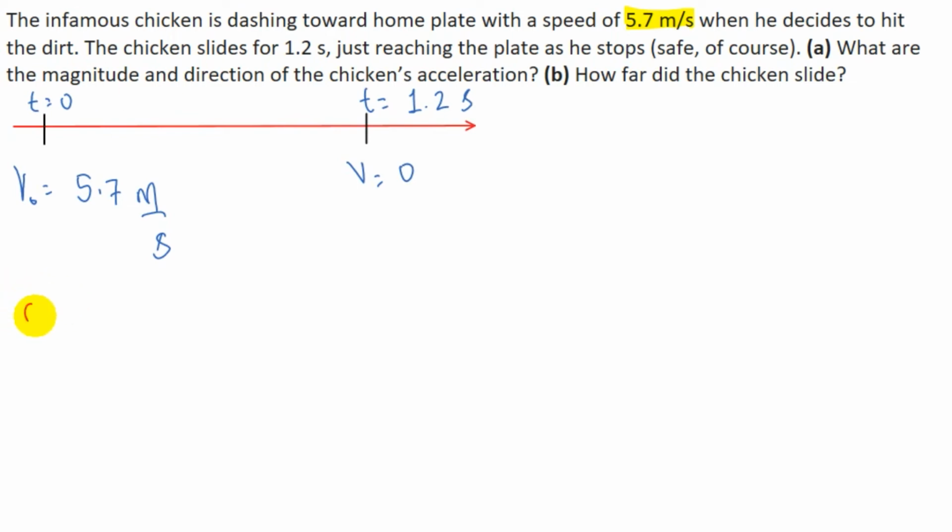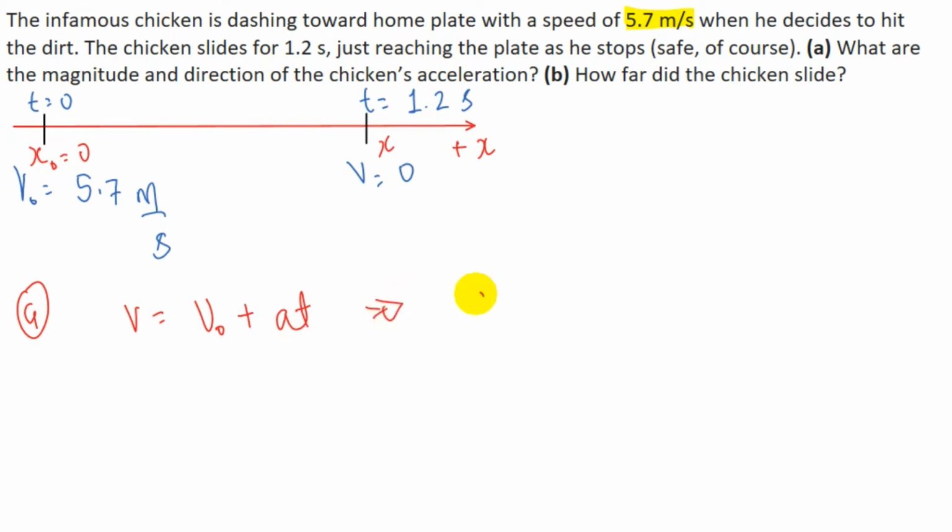So before proceeding with the A part, let me first define the coordinate system. This is our positive x direction, and here x0 is 0, the initial position, and here the final position x. Now the acceleration. For that we can use this equation, v is equal to v0 plus at, since we know the final velocity and the initial velocity and the time also.